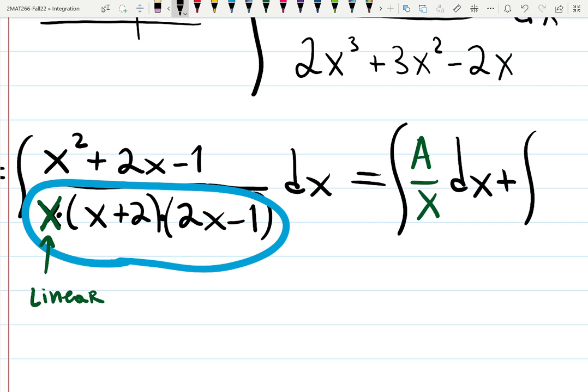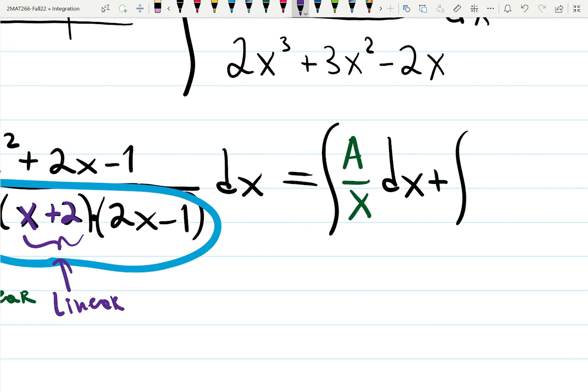Plus, the second piece, x plus 2, is also linear, so it also can be written as A over x plus 2. But since we used A, let's use B: B over x plus 2 dx. That's the second integral.